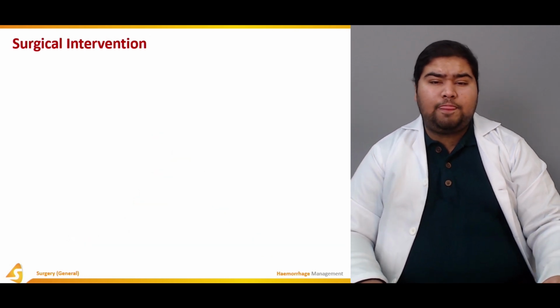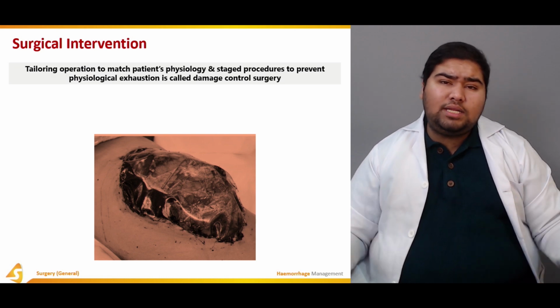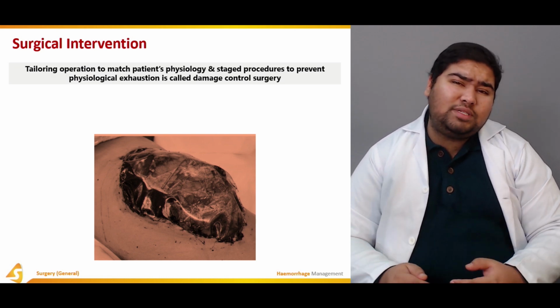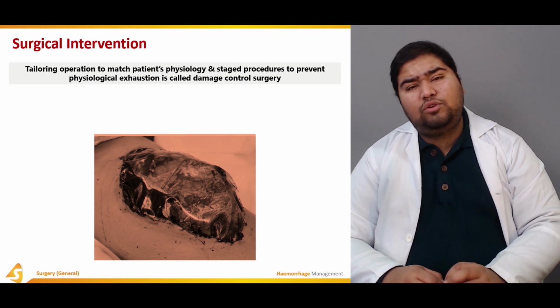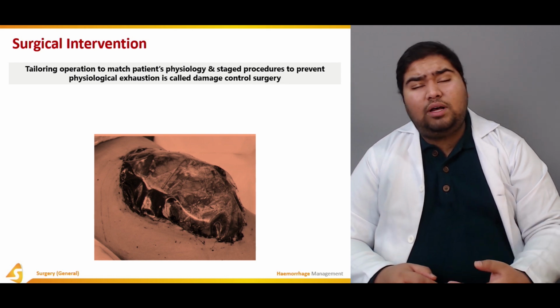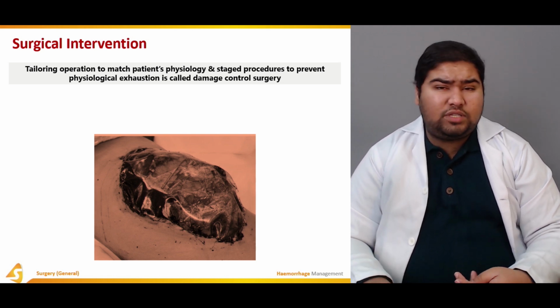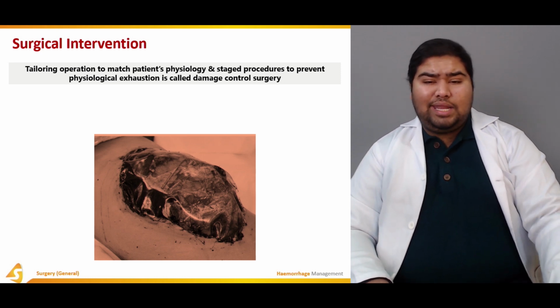Now, for the surgical intervention, you might use a tailored procedure. The tailored procedure might be specific to your condition, or you might use a general procedure that is used for the control of bleeding in that area.